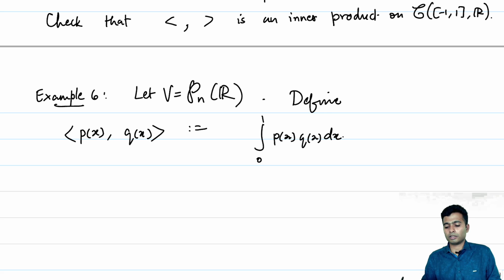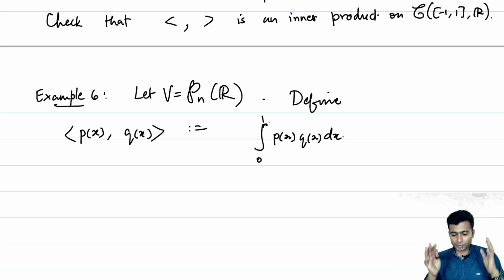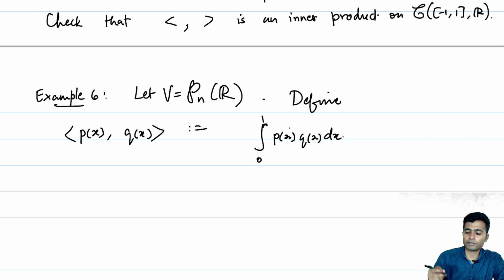This is an inner product which is actually borrowed from C of 0, 1 to R, right? So in particular, let me go slow. If you take two polynomials, P of x and Q of x, both are in particular functions from 0, 1 to R, continuous functions from 0, 1 to R. Therefore, we can talk about the integral from 0 to 1 of P of x, Q of x dx.